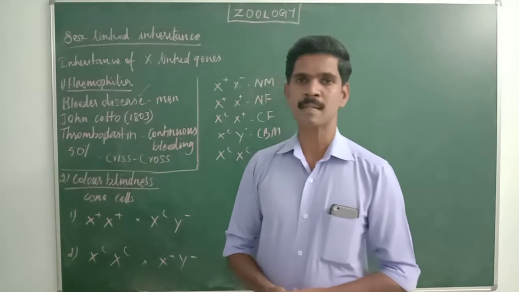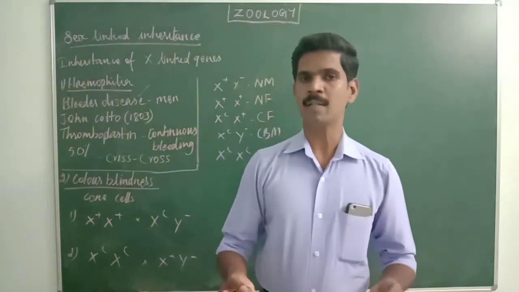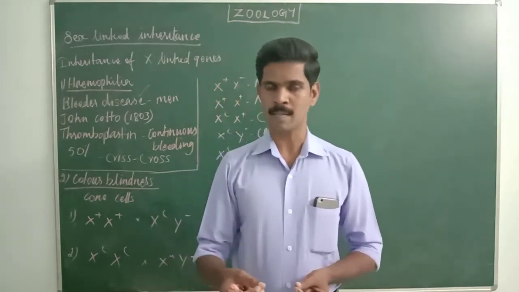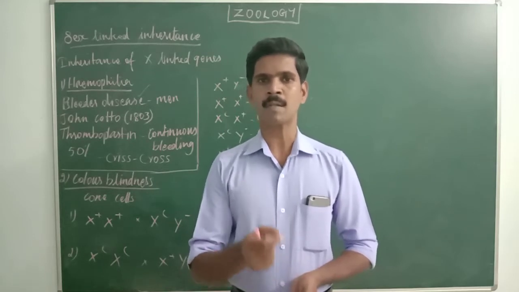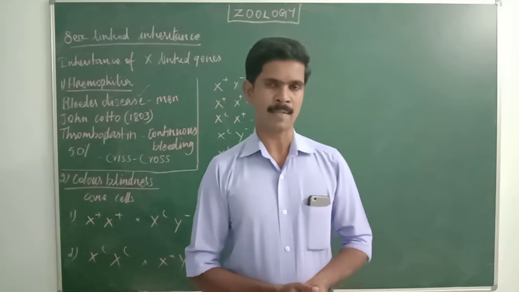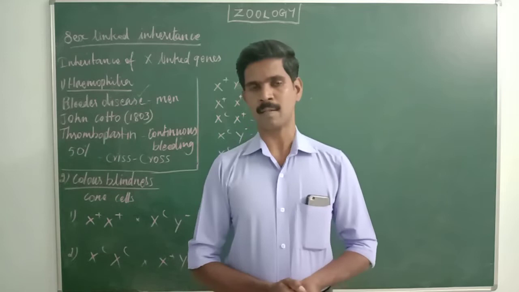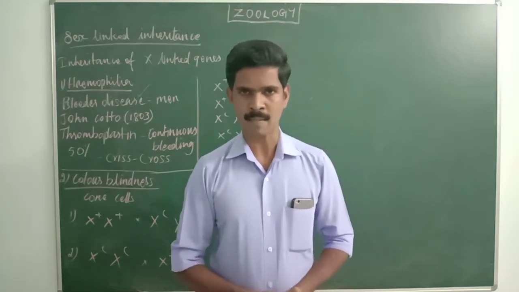Actually, our blood consists of a substance called thromboplastin. If any injury occurs in our body, within a few minutes the blood clots in that area. This is because of the presence of the substance thromboplastin, and some genes are responsible for producing it.